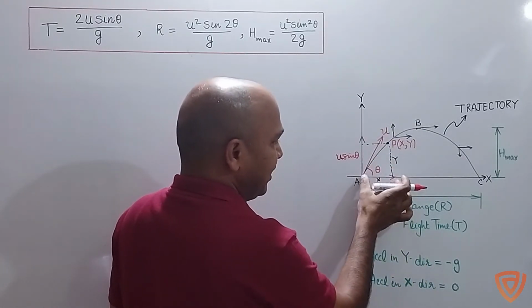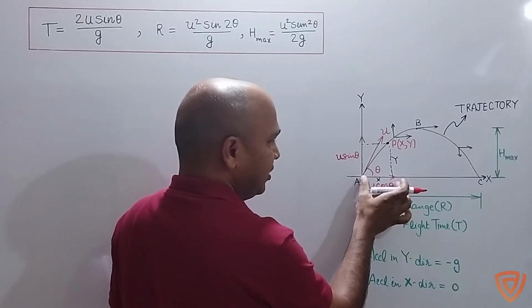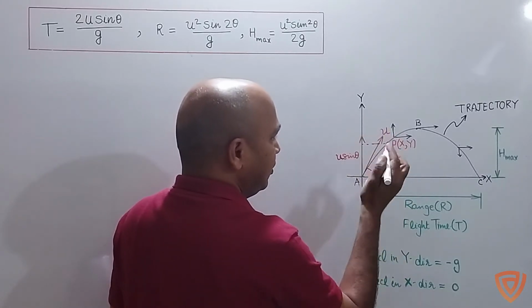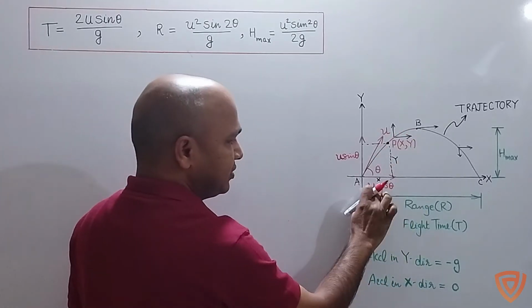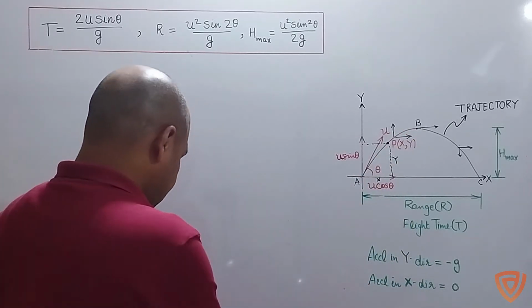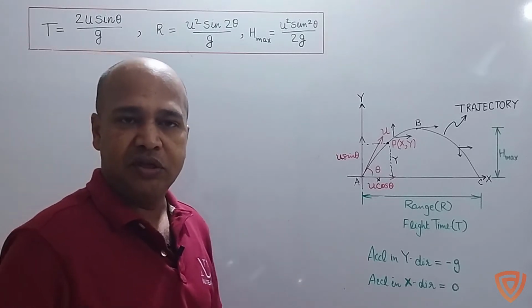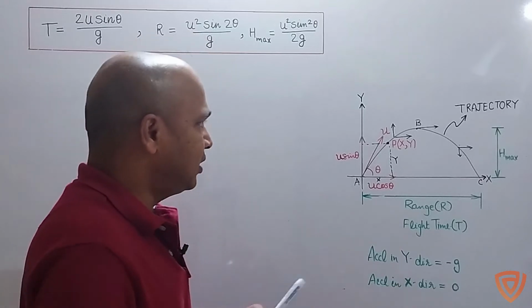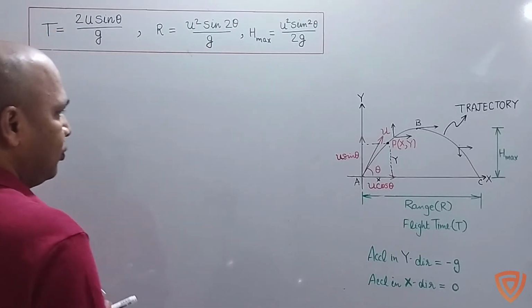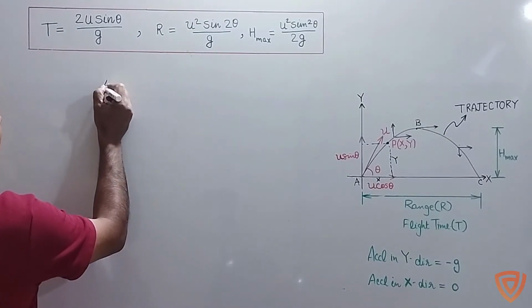So this distance will be x on the x coordinate, and this will be y. So basically we have to form an equation between x and y. That's the whole idea.